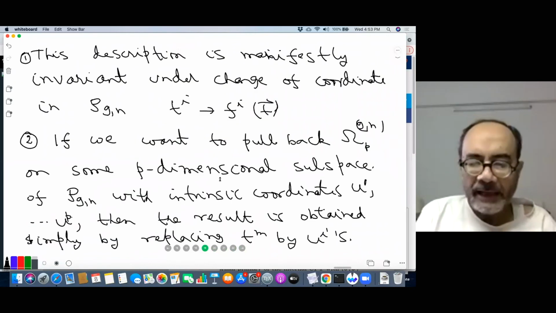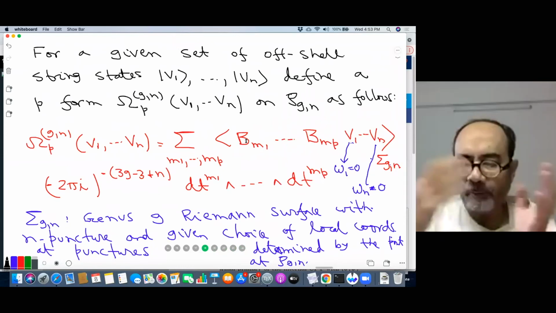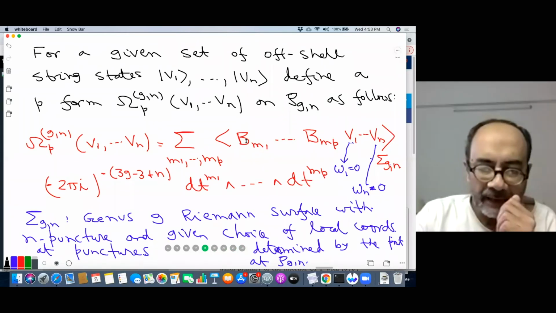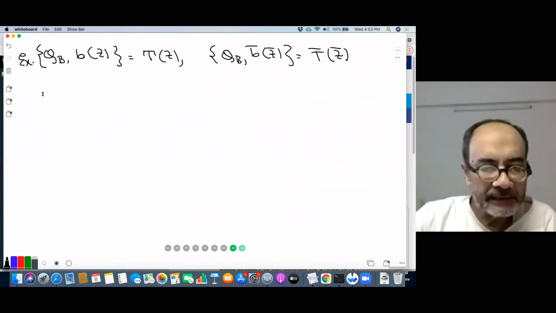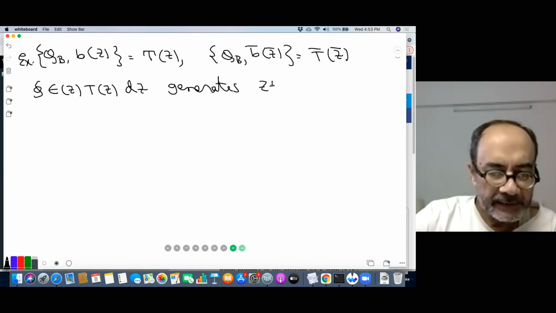And that expresses the small b in terms of capital T. Finally, you have to use the fact that the integral of epsilon z T z dz generates z goes to z plus epsilon z.